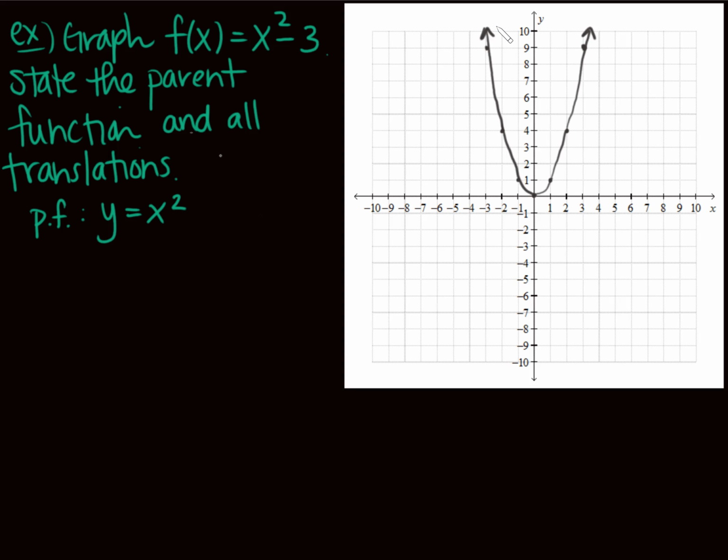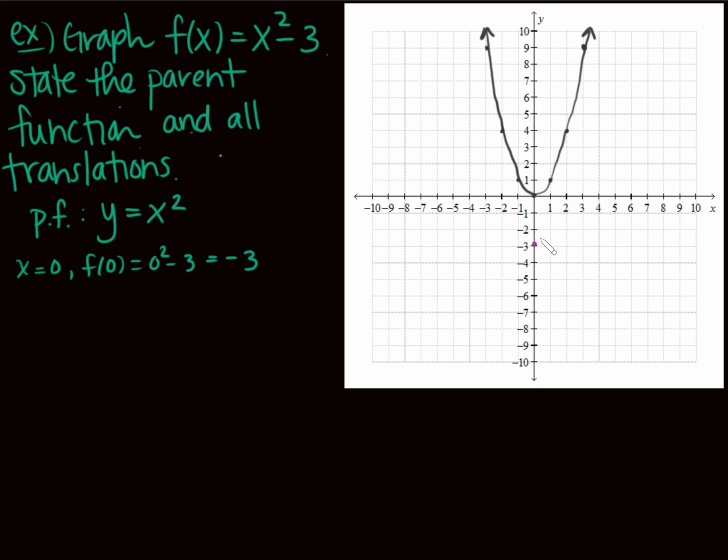If I do x squared minus 3, if we weren't sure, we can always plug in numbers. When x is 0, f of 0 is 0 squared minus 3, which is negative 3. So I have the point (0, negative 3).